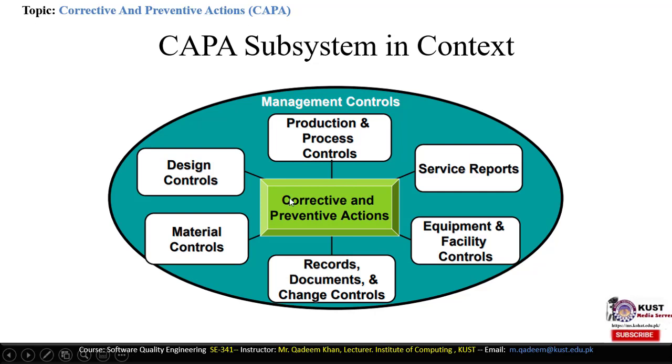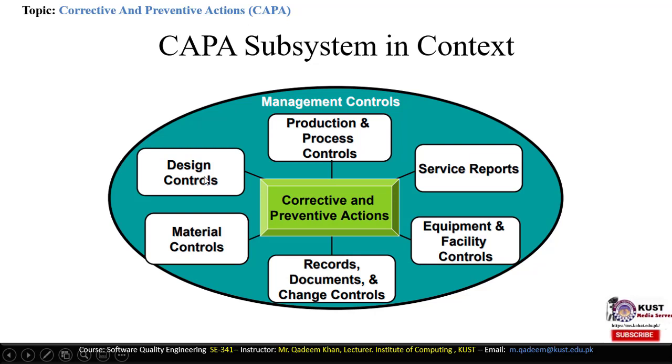For example, design controls, production and process controls, service reports, equipment and facility controls, records, documents and change controls, material controls as well. So combined, the CAPA is the collection of 6 different subphases. First one is the design control.